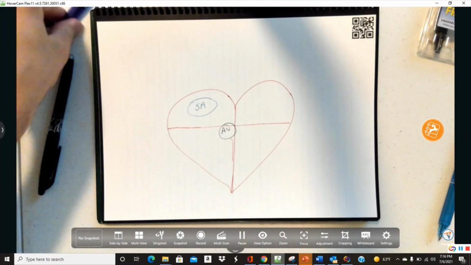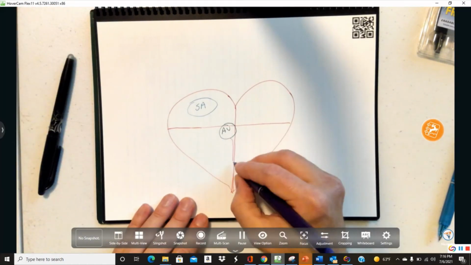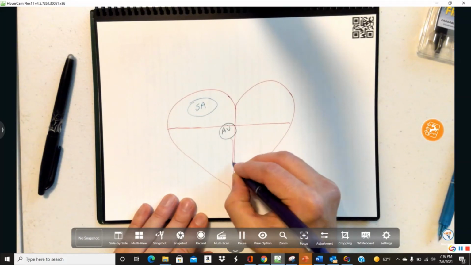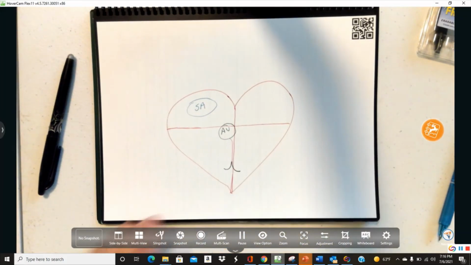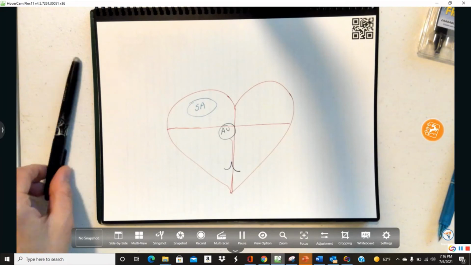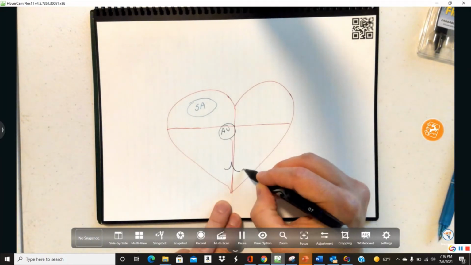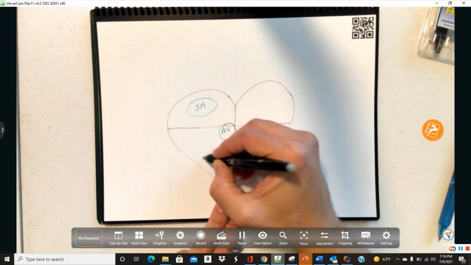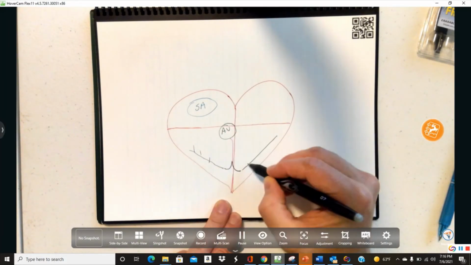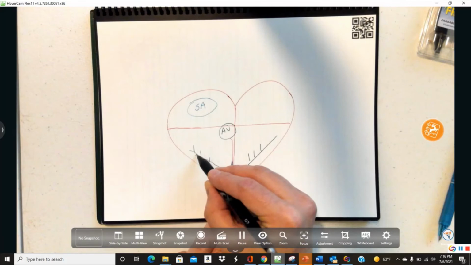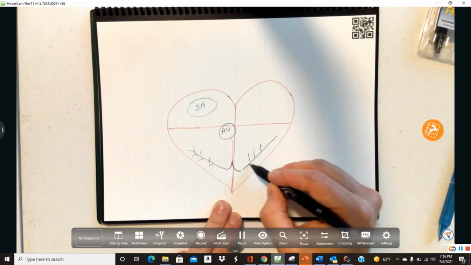And we'll use purple. And then I'll use black. We'll use black. And I'm going to teach you guys how to save this.